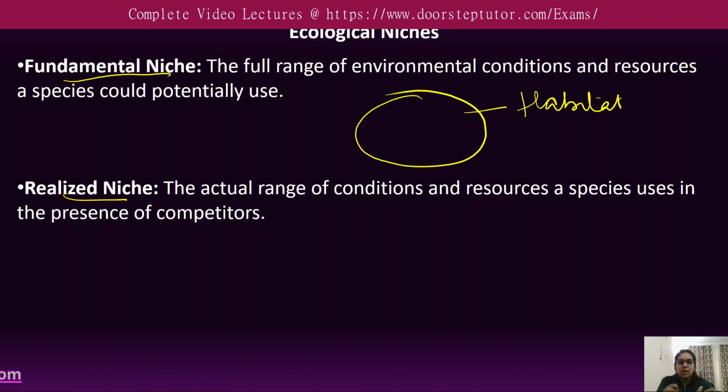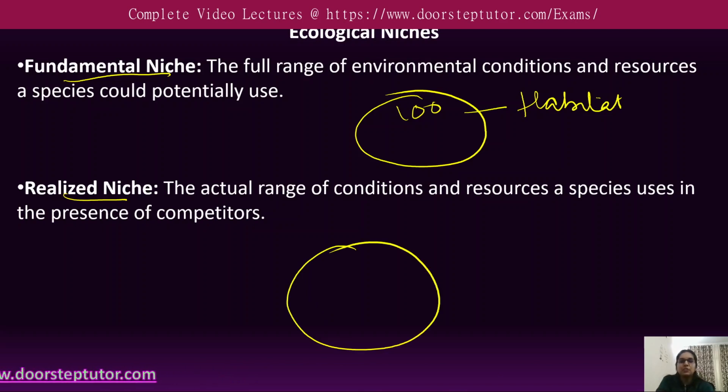Suppose the habitat is there, there are 100 resources, 100 factors for sustaining 100 populations, but in actuality this is not the case. The realized niche is the actual picture.